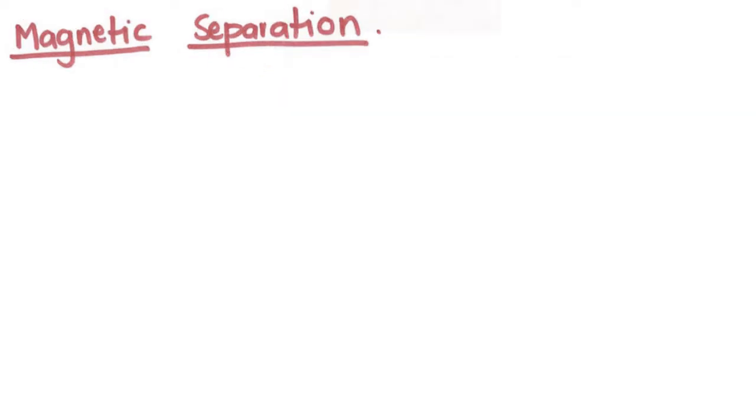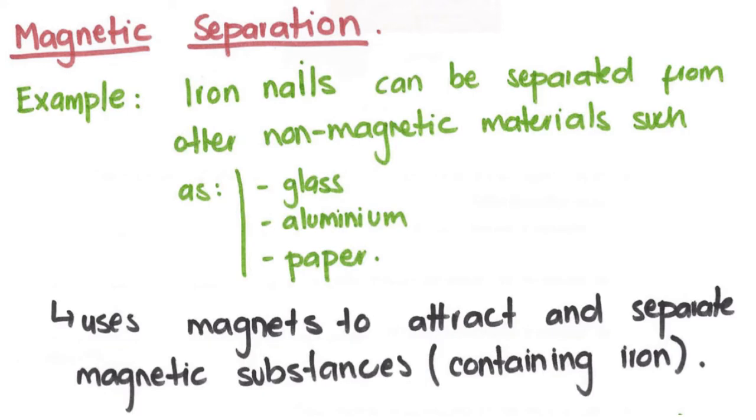Okay? Magnetic separation. An example of magnetic separation is that iron nails can be separated from other non-magnetic materials such as glass, aluminum, and paper. If we have time, we'll do a prac about doing magnetic separation.